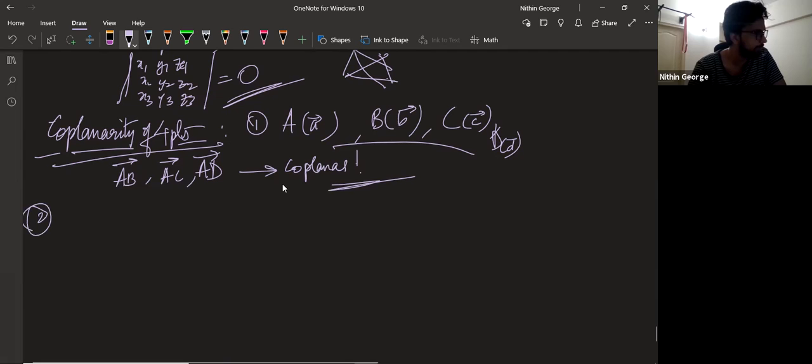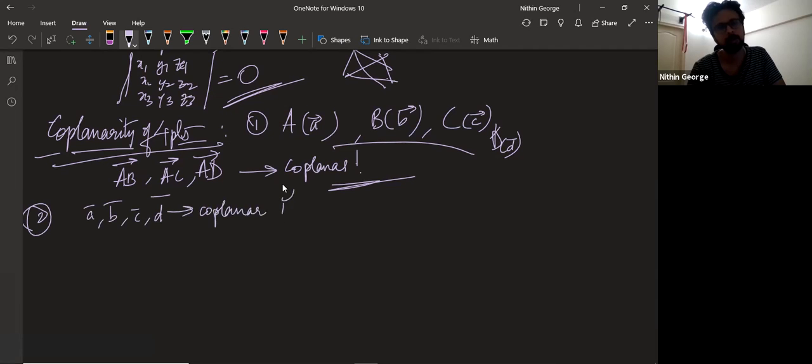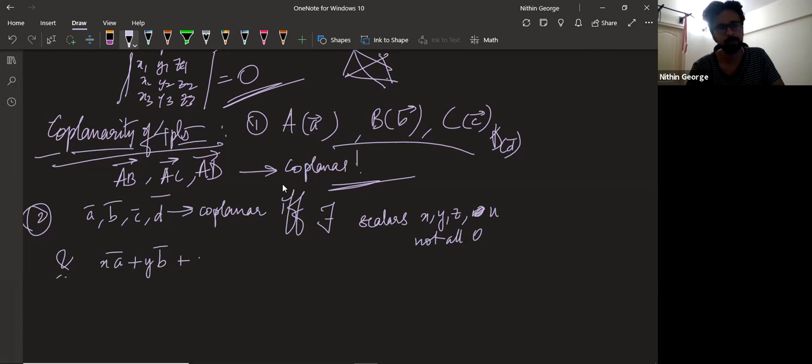Next part. A, B, C, and D are coplanar if and only if there exist scalars x, y, z, and u, not all 0, such that xa plus yb plus zc plus ud equals 0, and there will be a condition x plus y plus z plus u equals 0.